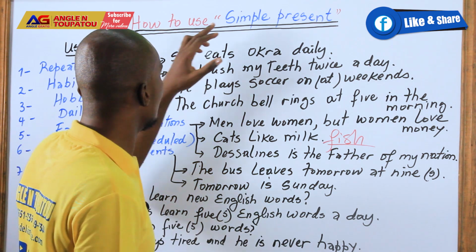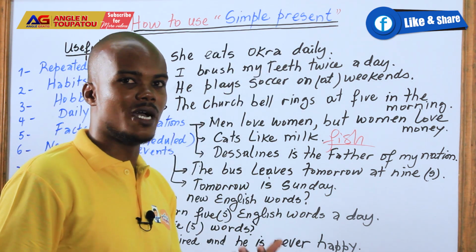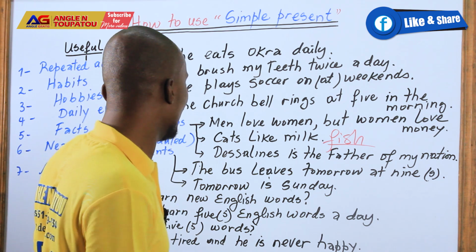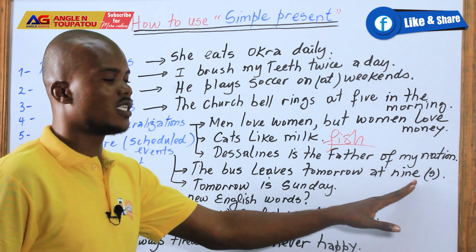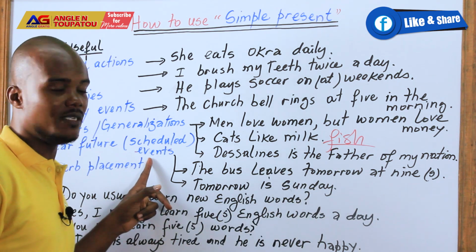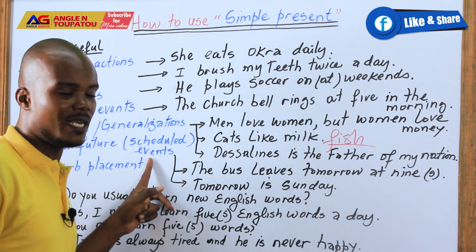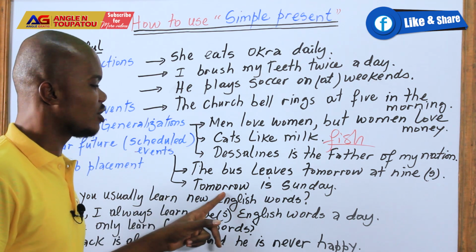I can use simple present tense to talk about the near future. You see? On parle de futur proche qui est réellement planifié.